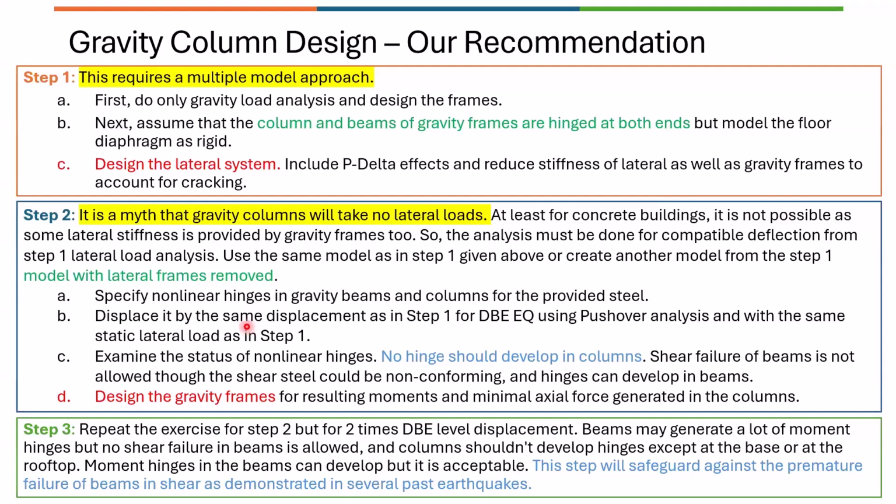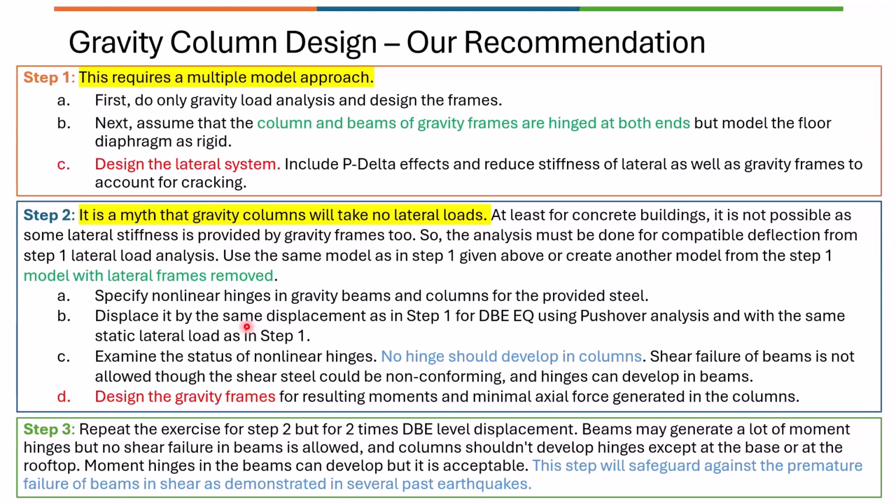Within that, we will also have to check the hinge developments. Basically, we have to study the hinges from this nonlinear analysis to ensure that the members are not yielding. So there are two parts in this. Part A is designing of the gravity column, and part B is studying the hinges of these members.